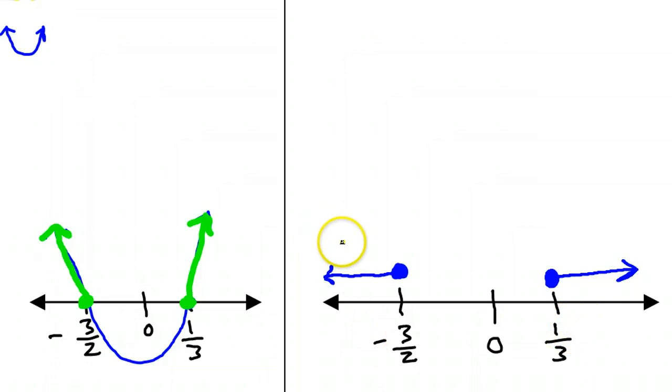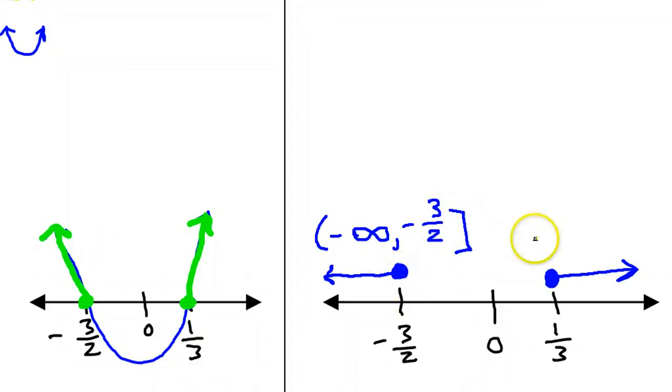Now the solution we need to write in interval notation. So this is -infinity to -3/2. So we will do -infinity to -3/2. And we'll use a square bracket to show that we're including the endpoint.